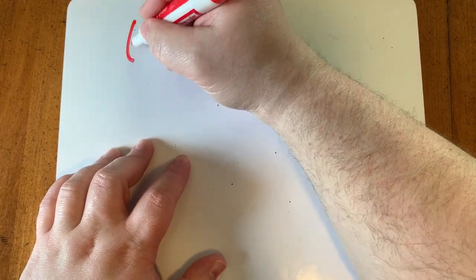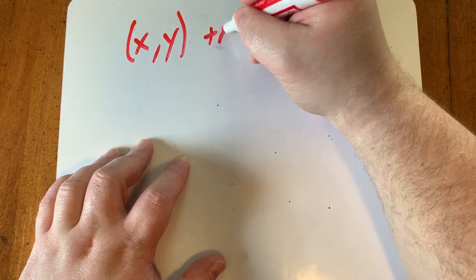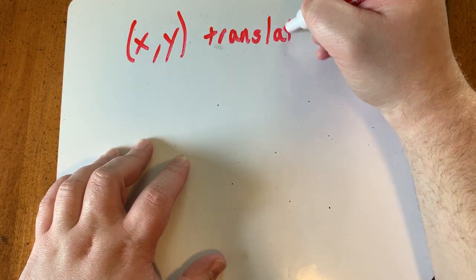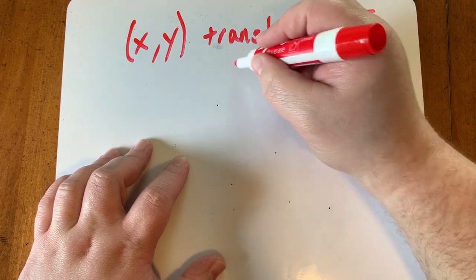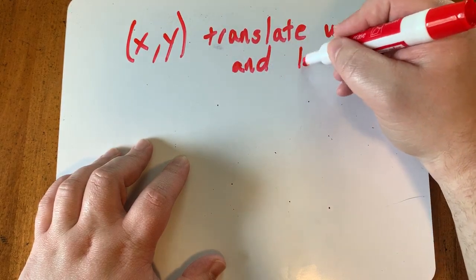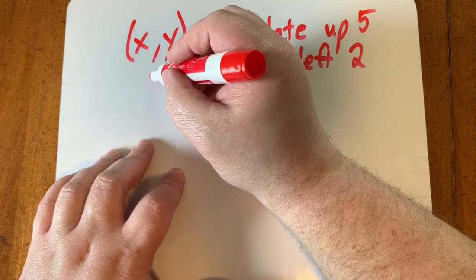Our first isometry was a translation. So that's shifting something left, right, up, down, or some combination of them. So let's say we had the point XY and we wanted to translate up 5 and left 2.